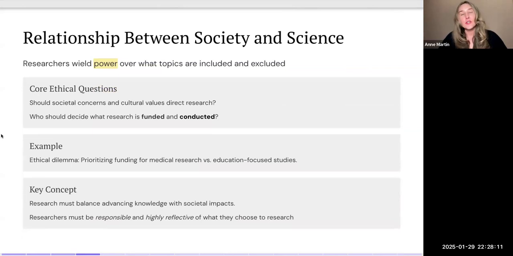Even from the very beginning, when they generate their research question, researchers are making an ethical decision about what topic is important and worthy of research and which are not. That comes up when we are thinking about the ethics and the relationship between society and science: which societal concerns are worthy of research, to what extent should social and cultural values drive research, and who should decide what research is funded and conducted.